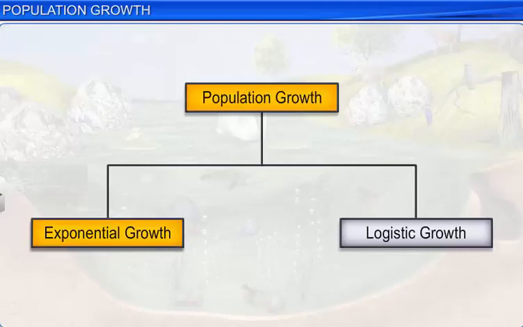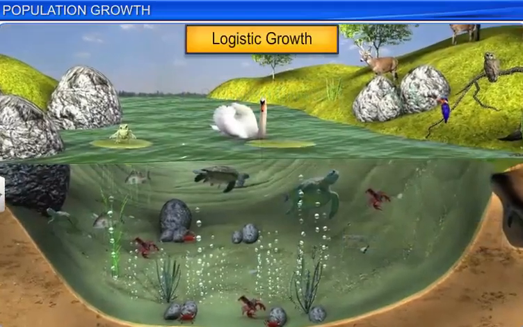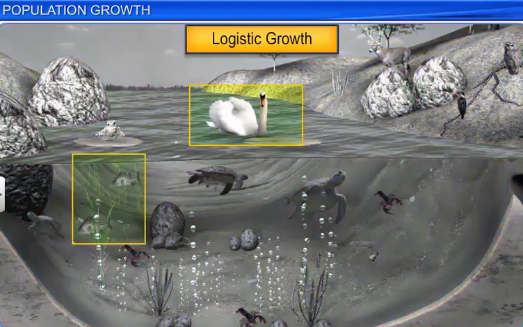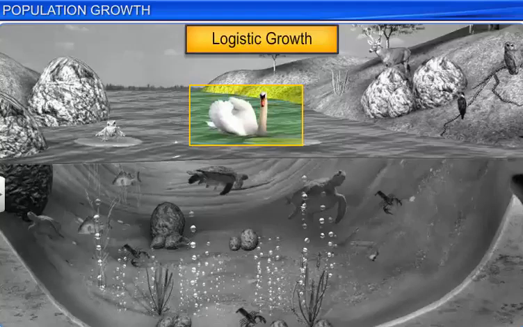However, when resources are limited, the population growth pattern is logistic. There is always competition between individuals for limited resources, and finally, the fittest individuals survive and reproduce.